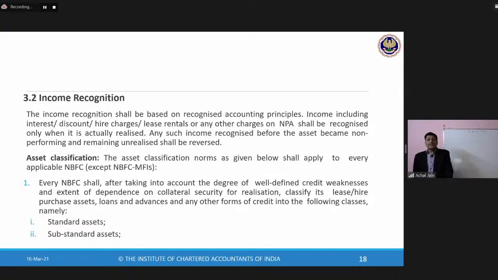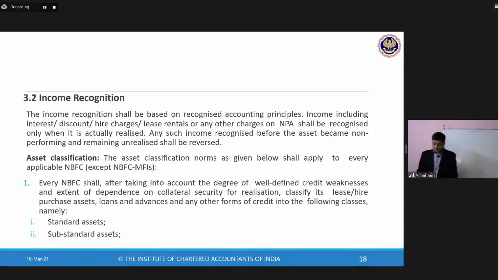It says the income recognition shall be based on recognized accounting principles. Income, including interest, discount, or any other sort of income on NPA, shall be recognized only when it is realized.